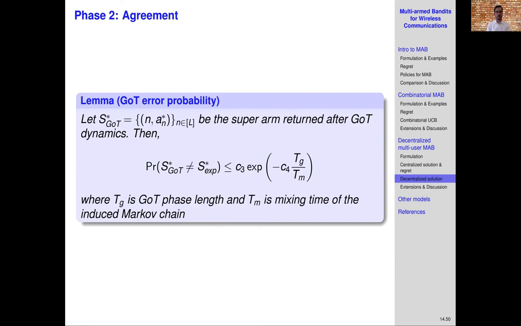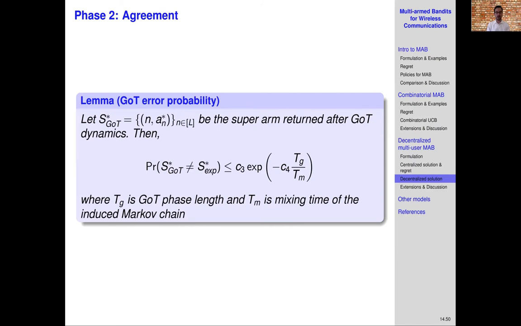This lemma shows the error probability of the GOT phase. Let S star GOT be the superarm returned after GOT dynamics, which includes for each user the throne of that user. Then the probability that S star GOT is not equal to S star at the end of the exploration phase vanishes exponentially with the length of the GOT phase.